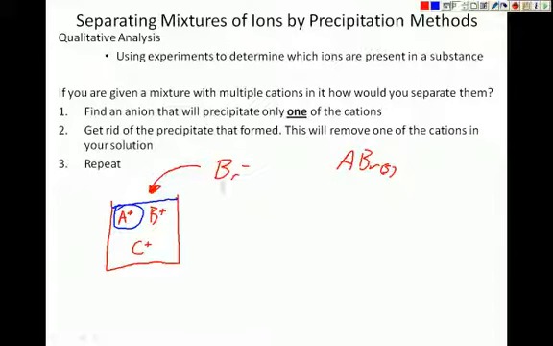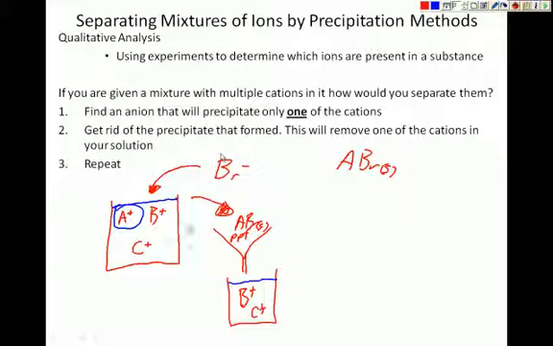Okay, and since it precipitates only A plus, we add this, and then we can filter this out, so we can take this solution and pour it through a filter, and we can collect our precipitate in the filter. So this goes into a filter, and this goes back into a beaker. Our precipitate would be ABr solid, and then left in our solution will be B plus and C plus.